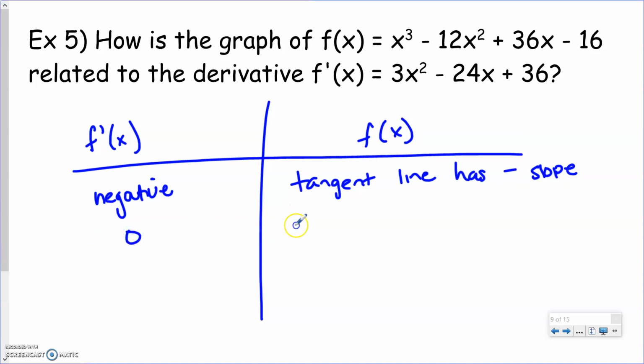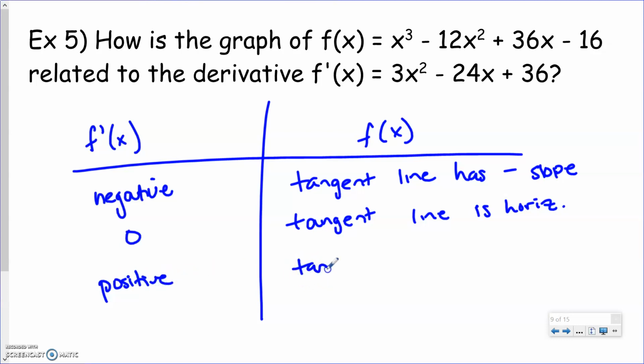If it's 0, tangent line is horizontal. And if it's positive, tangent line has positive slope.